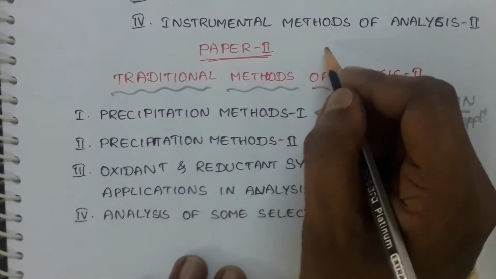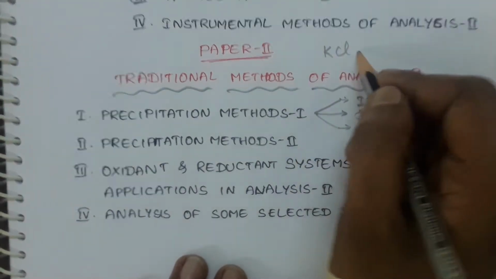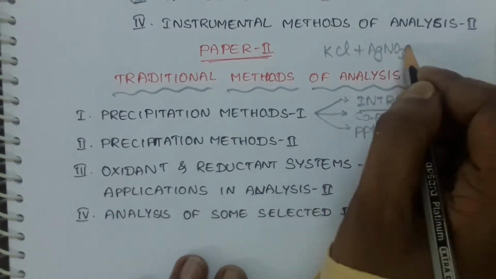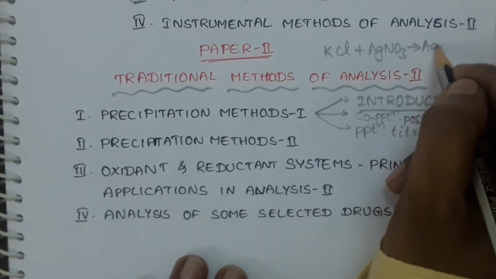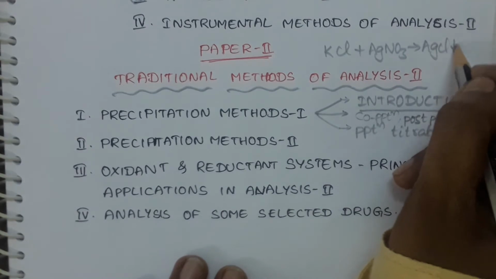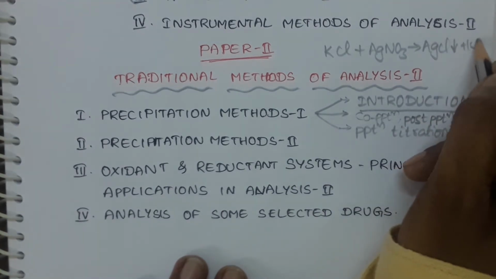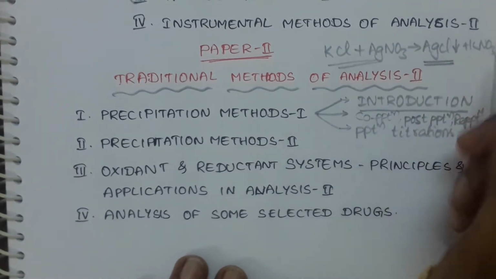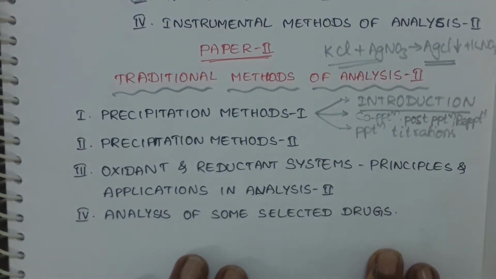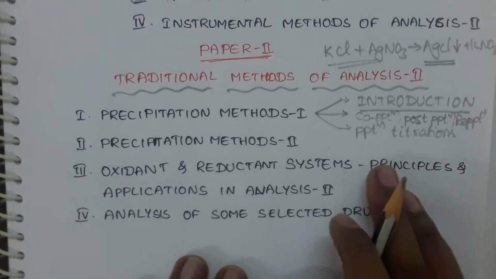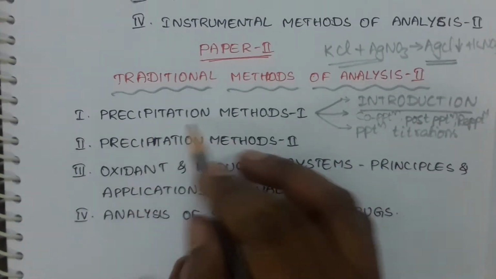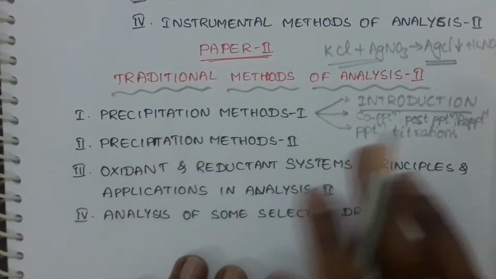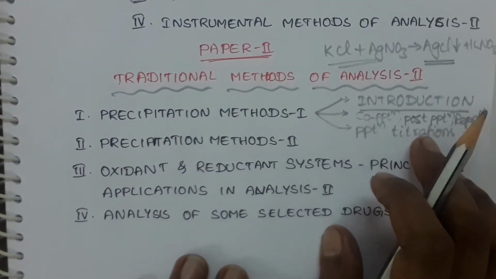Whenever you titrate KCl solution against silver nitrate solution, there is a formation of silver chloride precipitate. So these types of titrations are called precipitation titrations, because the titration involves the formation of precipitate. These are the 3 parts in precipitation methods 1.